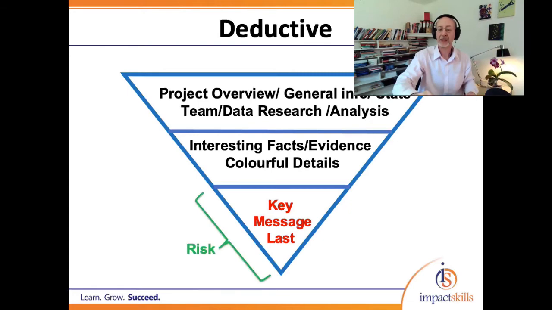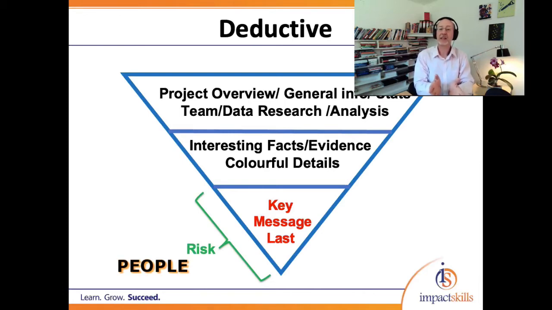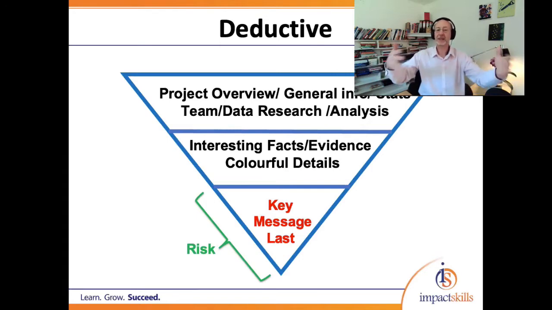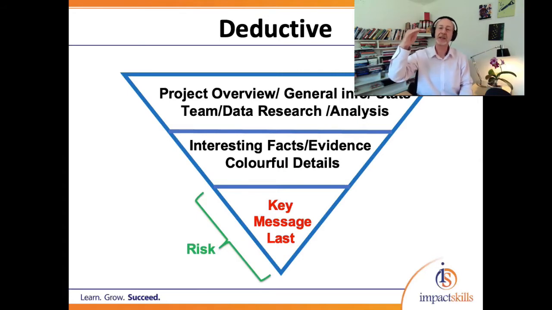Let's move on. The point I've made with that is there is a risk that you run with the deductive methodology. If you've given all this lovely, colorful data, evidence, research, the teams involved, who you are, why you're so great, before you get to the key message or proposal, there definitely is a risk these days where people are either bored from all the information coming at them in a very linear fashion, or they genuinely have to leave for whatever reason, especially if you're presenting to very senior people.